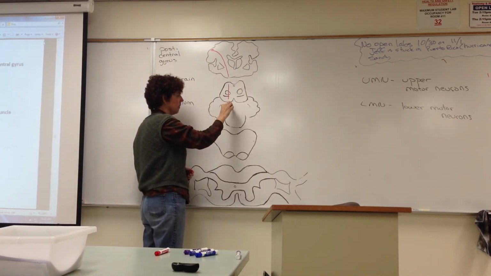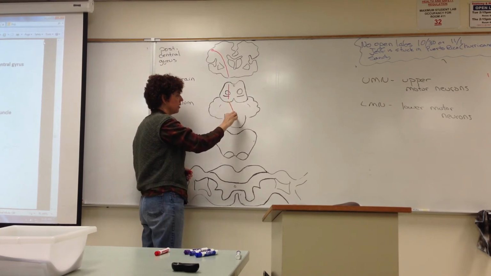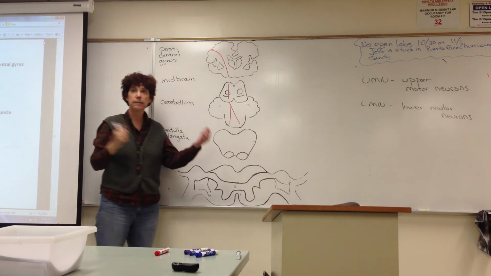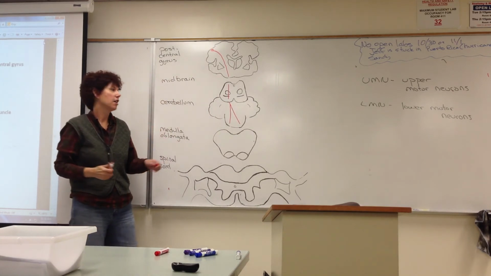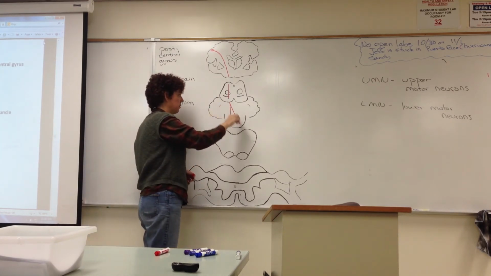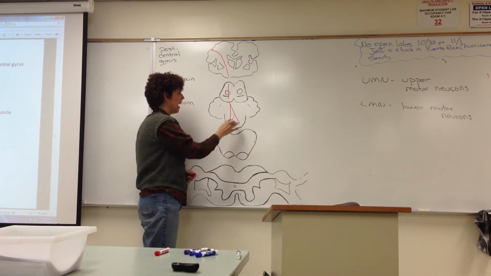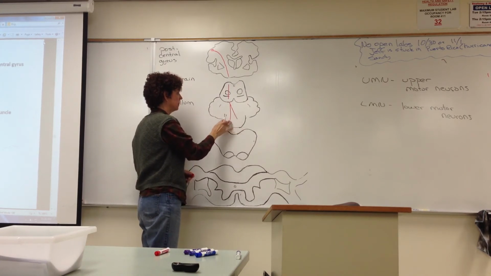And then when it gets into the pons, it's going to both go straight and go to that side, so it's bilateral, okay? This is usually a stronger effect, and that's where it's going to stop.